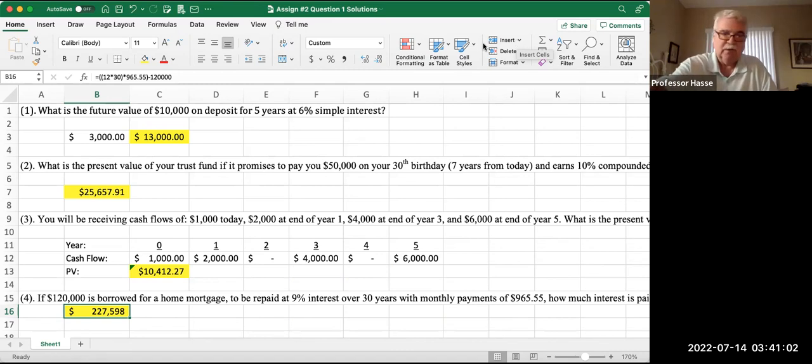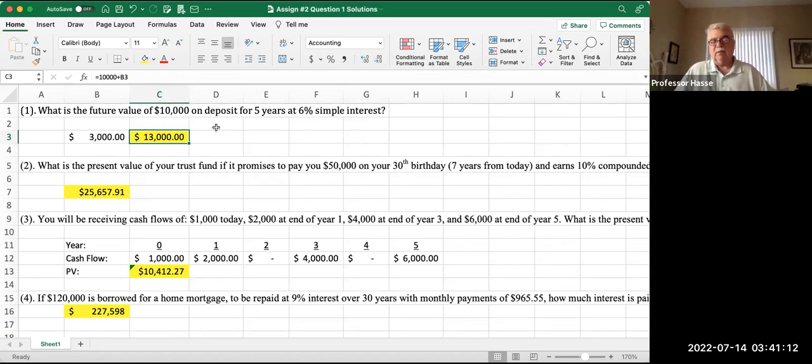So all you need to do is take the $10,000 times 6%, and for 5 years, interest, principal times interest times time. There's no compounding. In other words, you're not adding interest after every year and then compounding that, because it's simple interest. And I was seeing if the student would catch that.